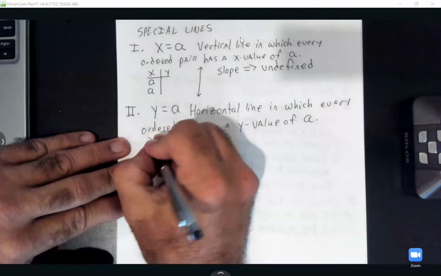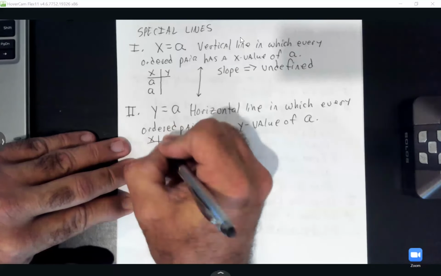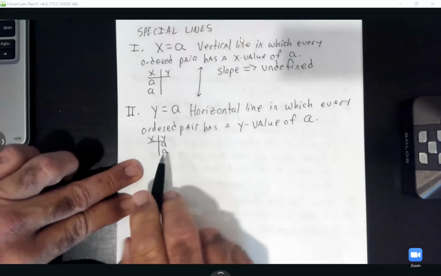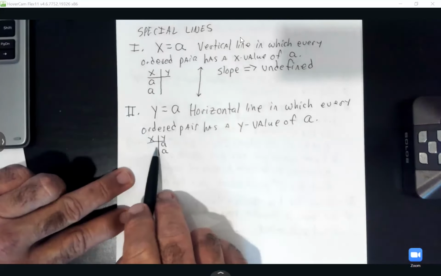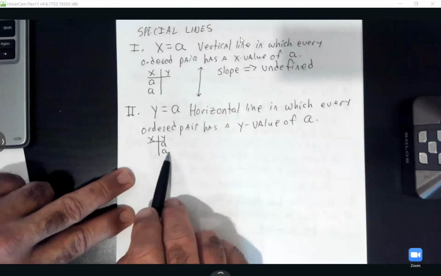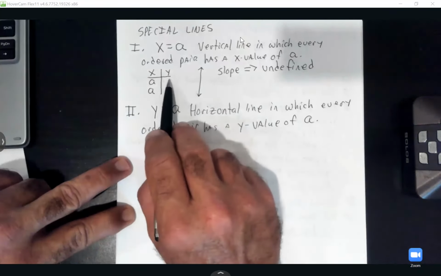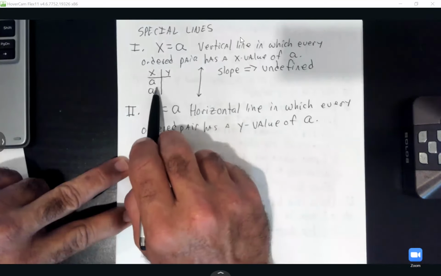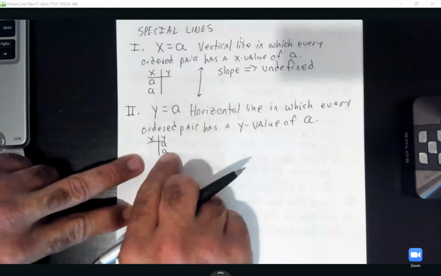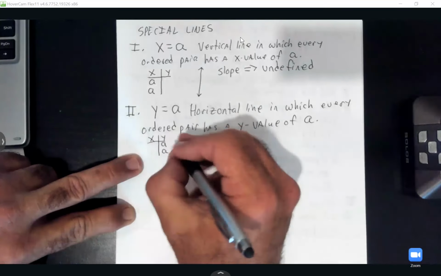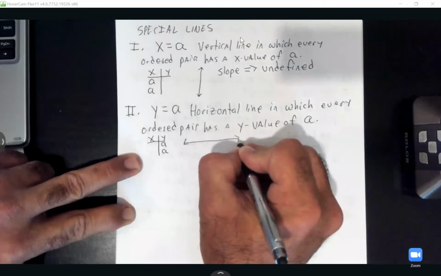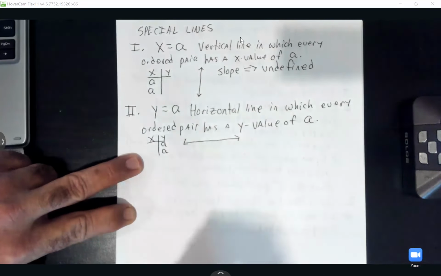So that means if you had a little table you was going to plot, the y would have to be the same no matter what x's you pick, the y has to be A. Up here, no matter what y values I pick, the x's had to be A. So now when the y has the same value, it's going to be a horizontal line going left to right.